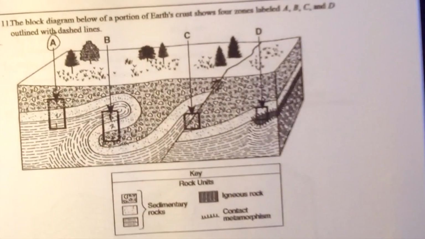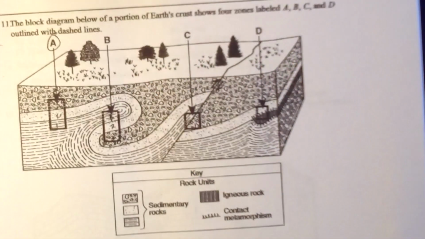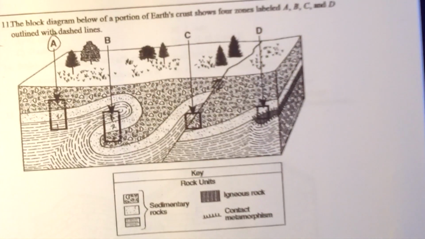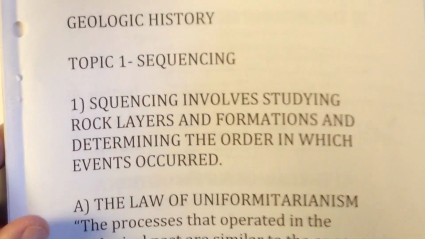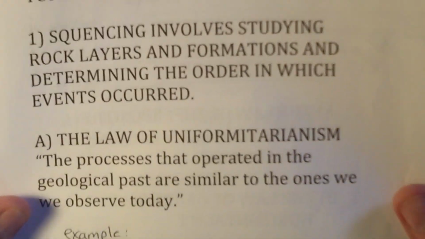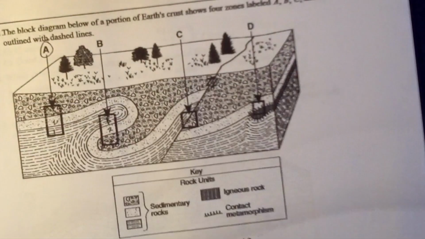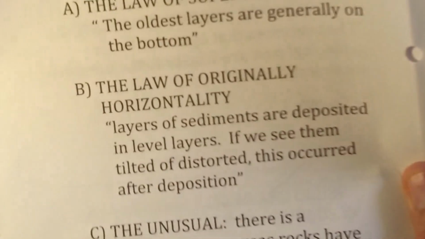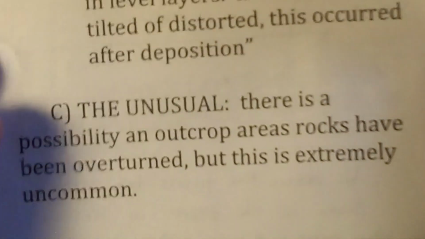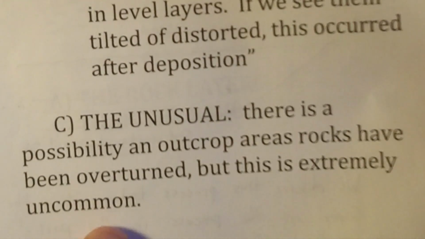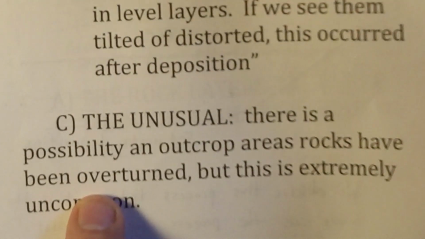At one time, I did mention to you that most of the rules that we have here for sequencing follow this idea of superposition. But there are times unusual things can happen where an outcrop is extremely overturned. Something happens and it's extremely uncommon.